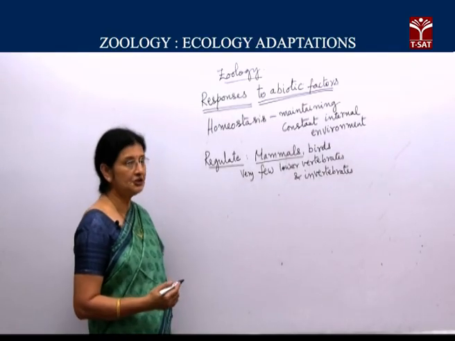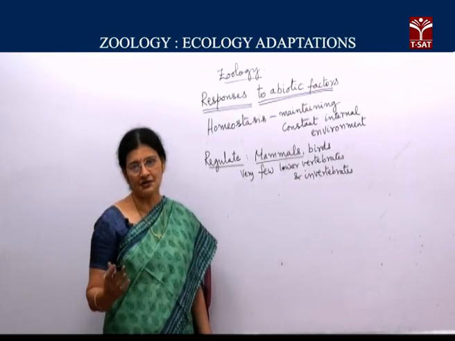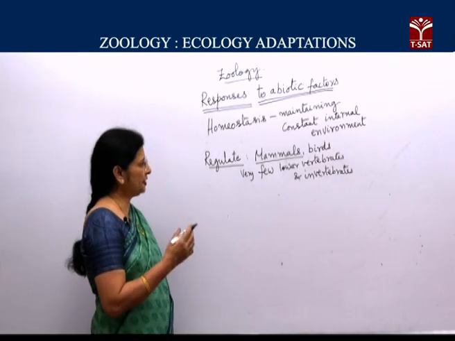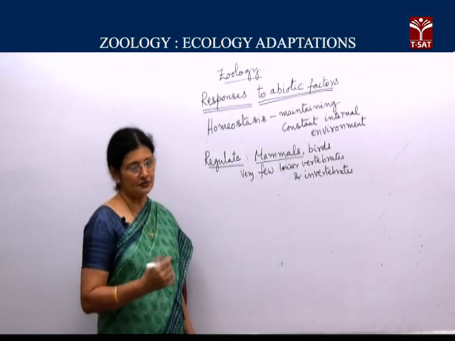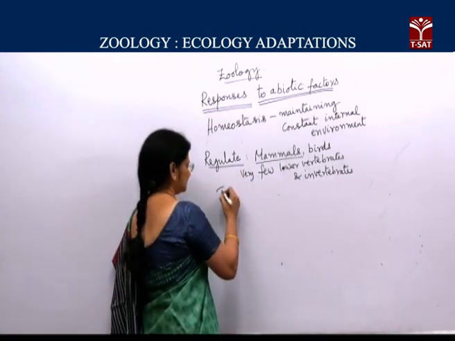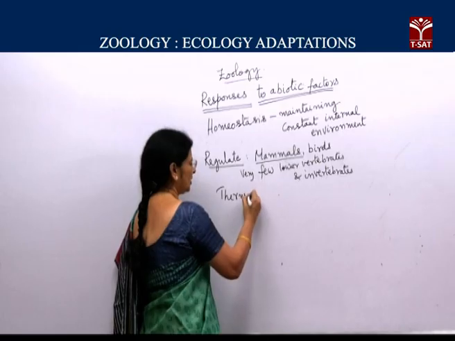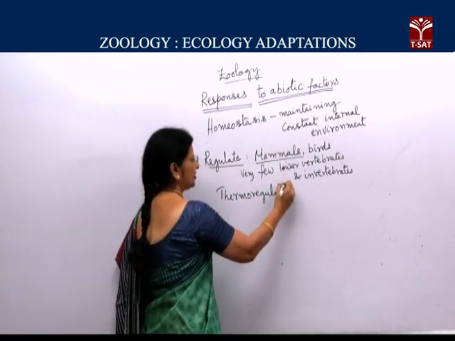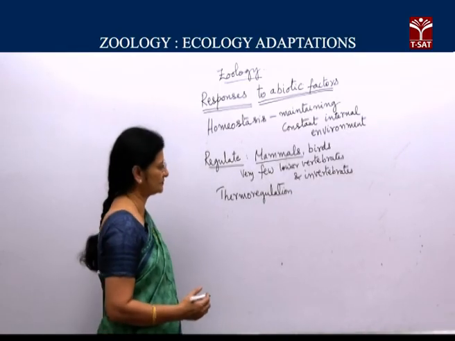That's why they are able to live in deserts and in polar regions also. They are able to regulate their body temperature. They show a mechanism of regulation of body temperature, thermoregulation.